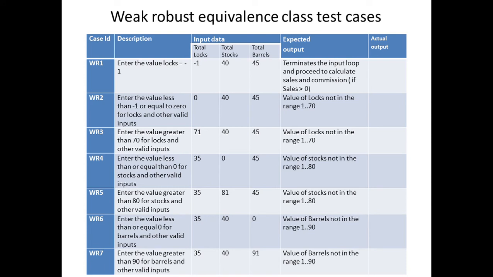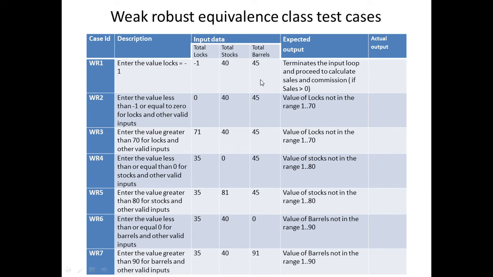Next, come to the robust. In case of weak robust, as I told, you can have only one invalid value at a time, for each variable, one invalid value in one test case. So WR1, enter the value locks equal to -1.